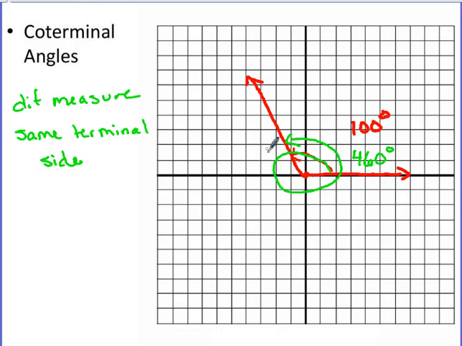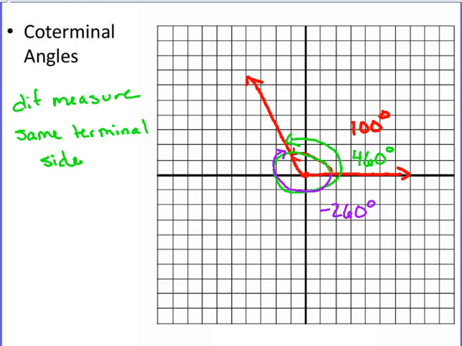So instead of going counterclockwise for a positive angle, I could go clockwise for a negative angle. If I go this direction, then that angle would be a negative 260-degree angle. All three of those angles are coterminal because they end at the same place, but they have a different measurement.